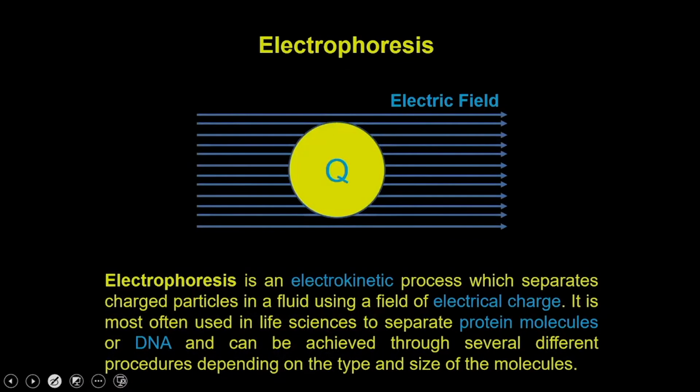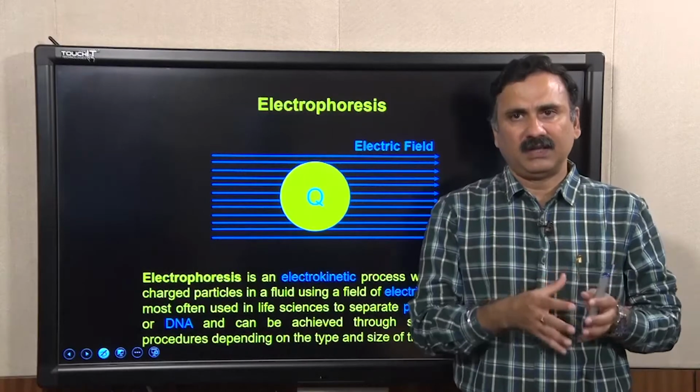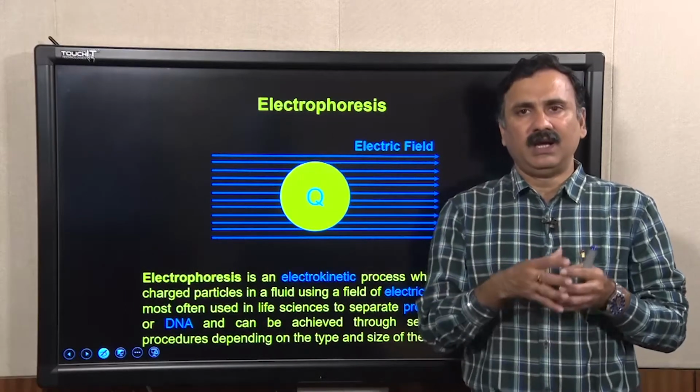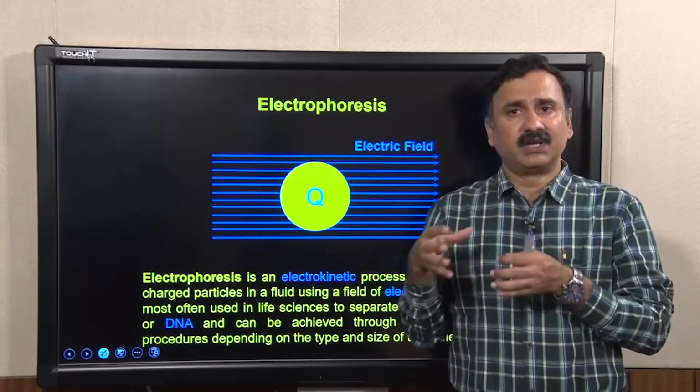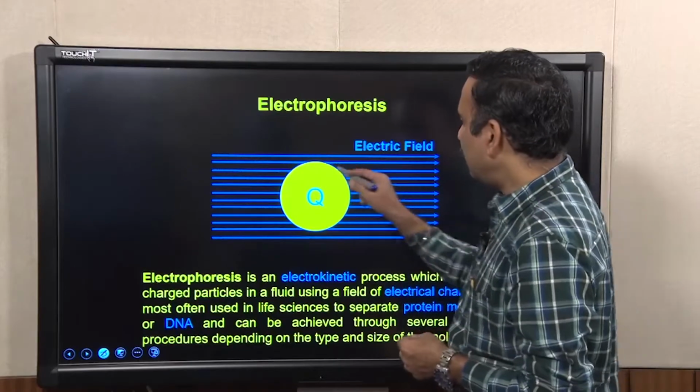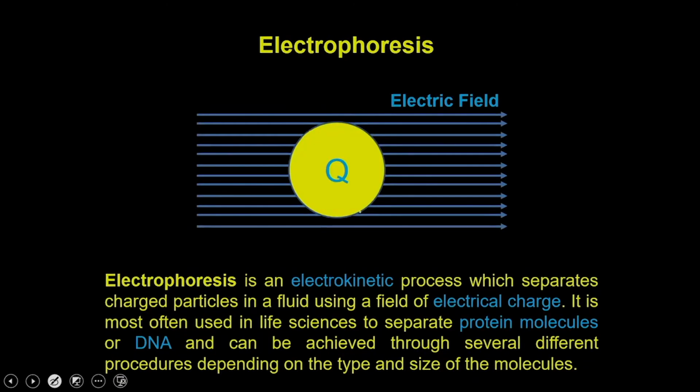As the name suggests, electrophoresis means the study or separation of molecules when they are running in an electric field. You can imagine a charged molecule containing charge Q running in an electric field.